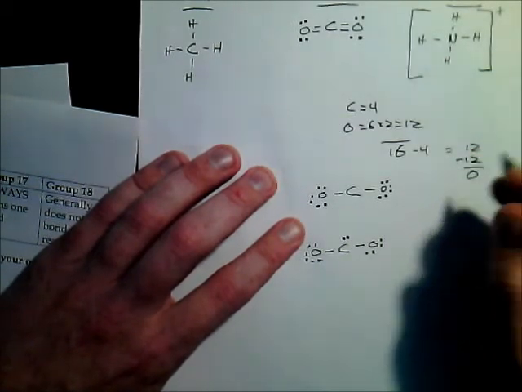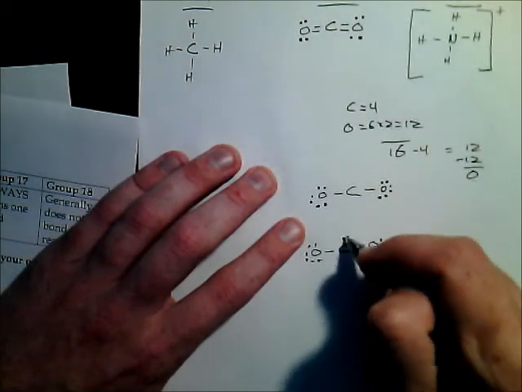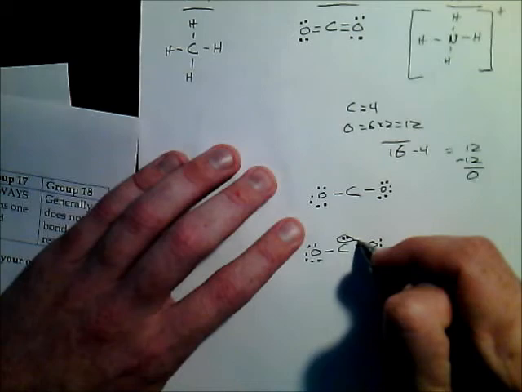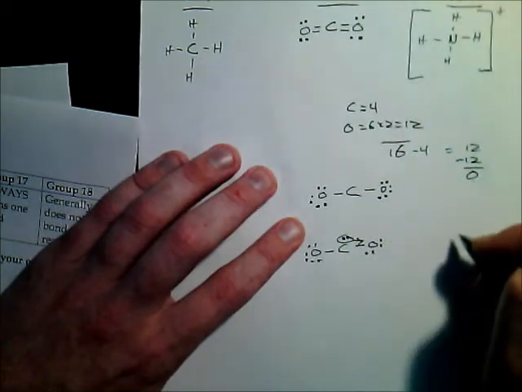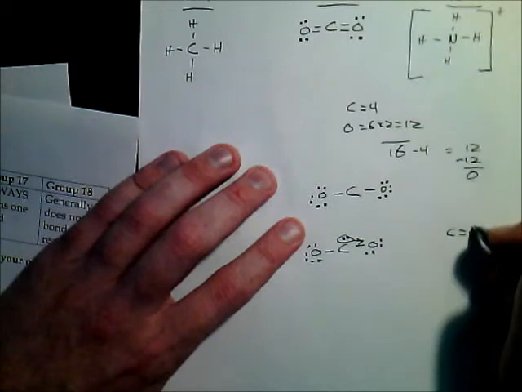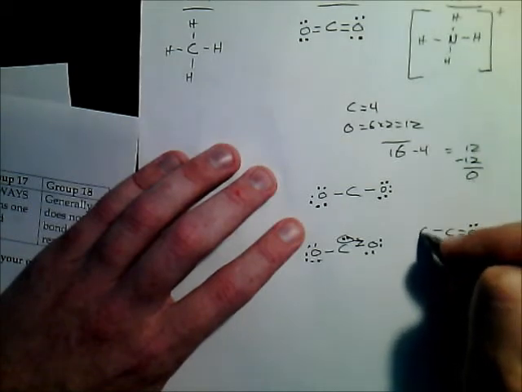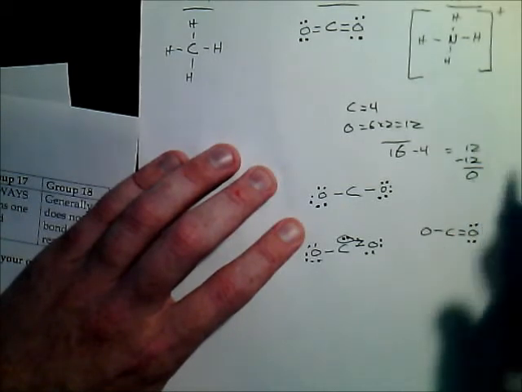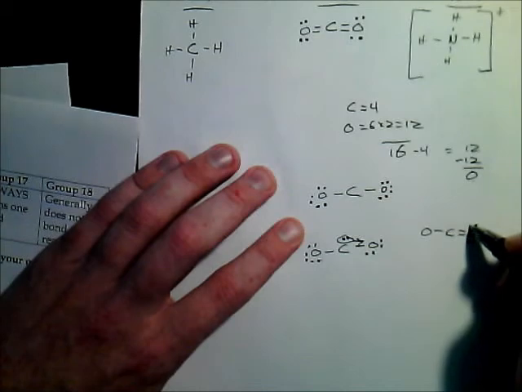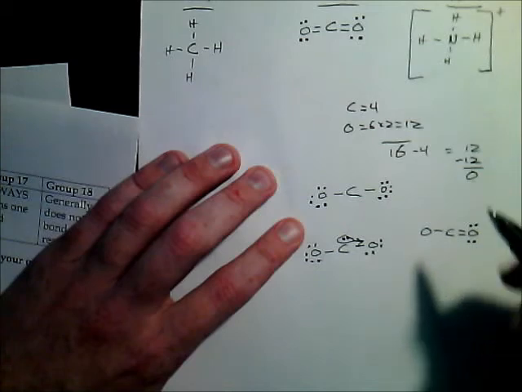What I can consider is the possibility of a double bond. So instead of these 2 electrons, let's change those electrons into a bond. So for instance, we have this. Now if you look at what I have so far, 1, 2, 3, 4, 5, 6, 7, 8. So the oxygen has 8 electrons. It's good.